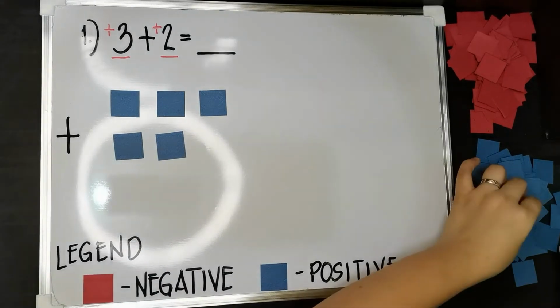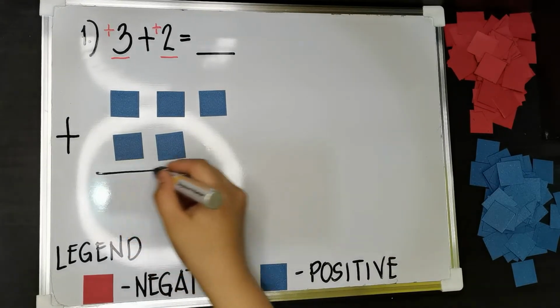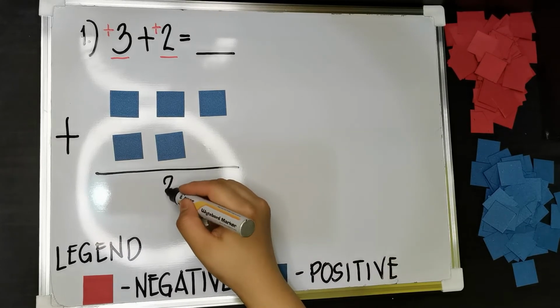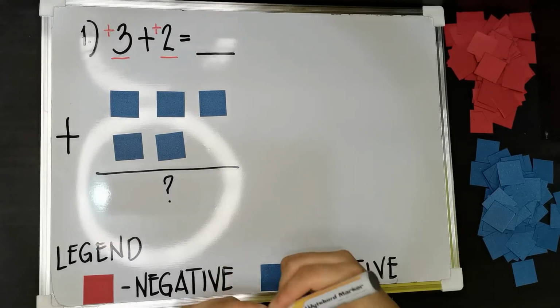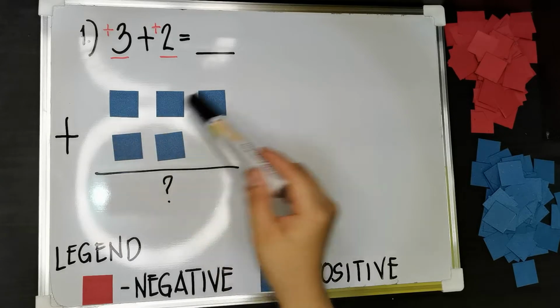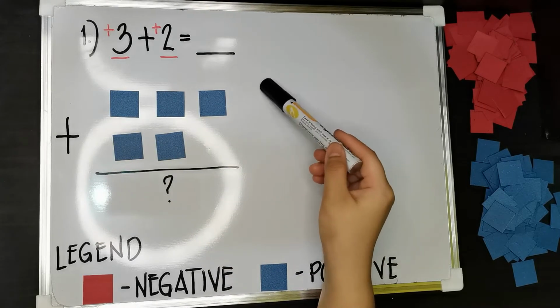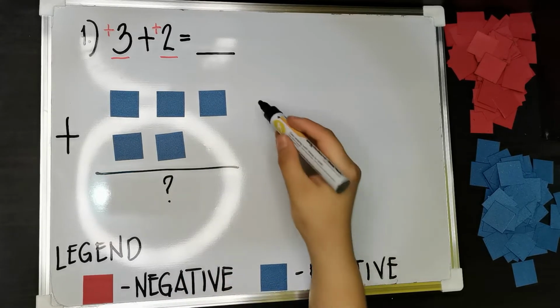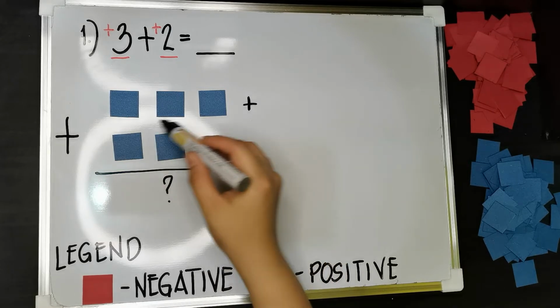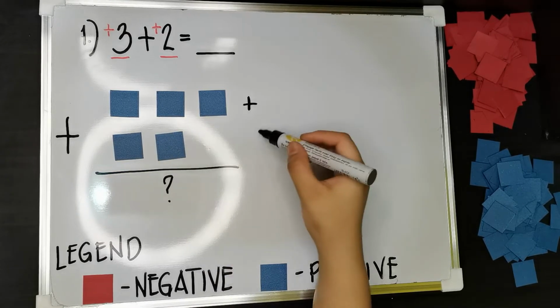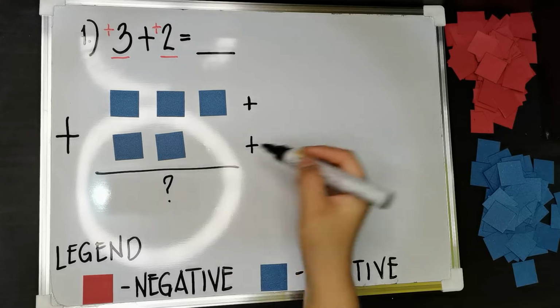So, the answer to this is equal to what? Okay? Ang gagawin natin is, kita mo naman, yung lahat ng sign natin dito ay positive, kulay blue. Ito naman ay positive din, kulay blue.